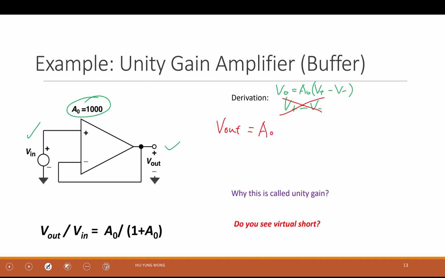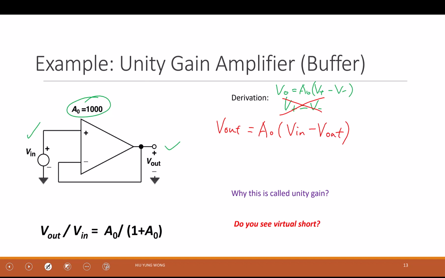A0 is given, fine. What is V plus? Just V in. And what is V minus? Oh yes, you actually implicitly use KVL, because these two nodes are connected together in some sense. So this is V out.